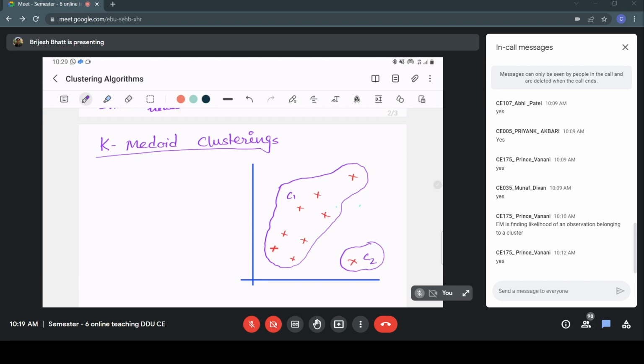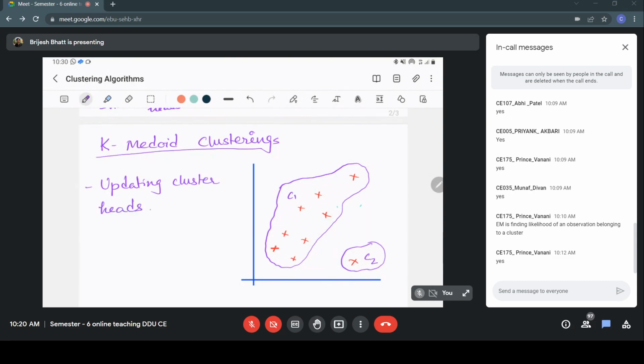So the algorithm differs at the point of updating cluster heads. We recalculate the cluster head from data points.